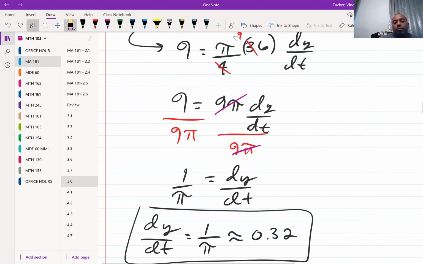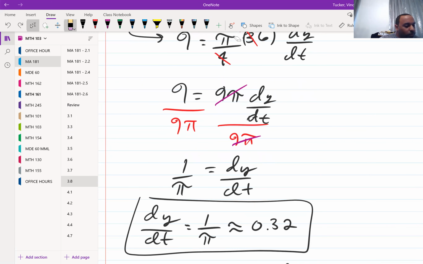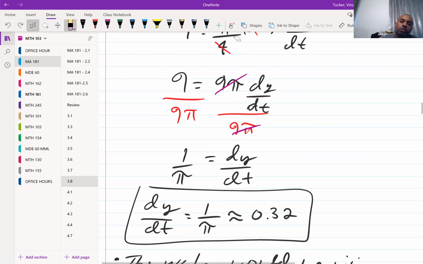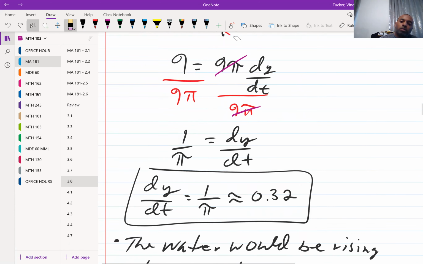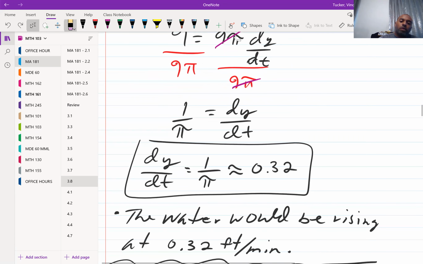That's going to be approximately 0.32. And in conclusion, the water will be rising at 0.32 feet per minute.